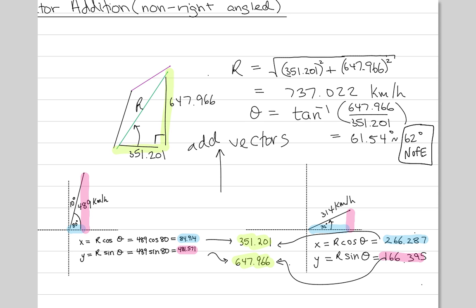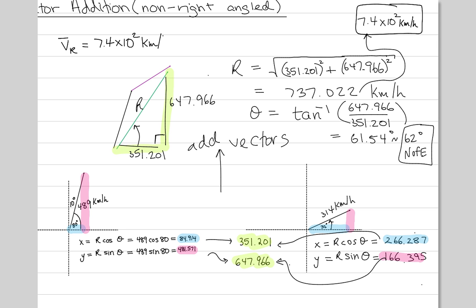And this 737, we can say it's 7.4 times 10 to the 2. The unit is km per hour. Okay, and then let's just write it out formally. VR is equal to 7.4 times 10 to the 2 kilometers per hour, 62 degrees north of east.